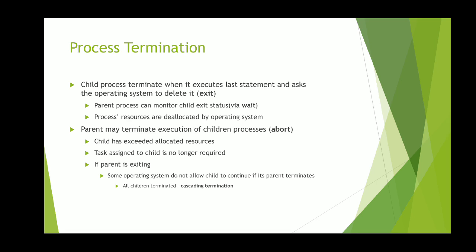And sometimes the parent process needs to terminate the child process, and at such times the parent process can use the abort system call, and this system call will deallocate all the resources allocated to the child process and terminate the child process.